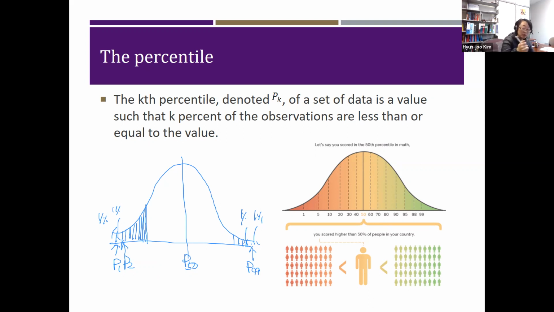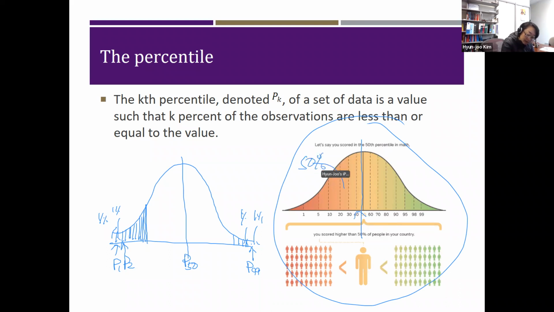In this picture on the right-hand side, when we say the 50th percentile, it means you have a point where 50% of the data set is on your left-hand side and 50% of the data set is on your right-hand side. Hey, wait a second, we knew what that is as well.